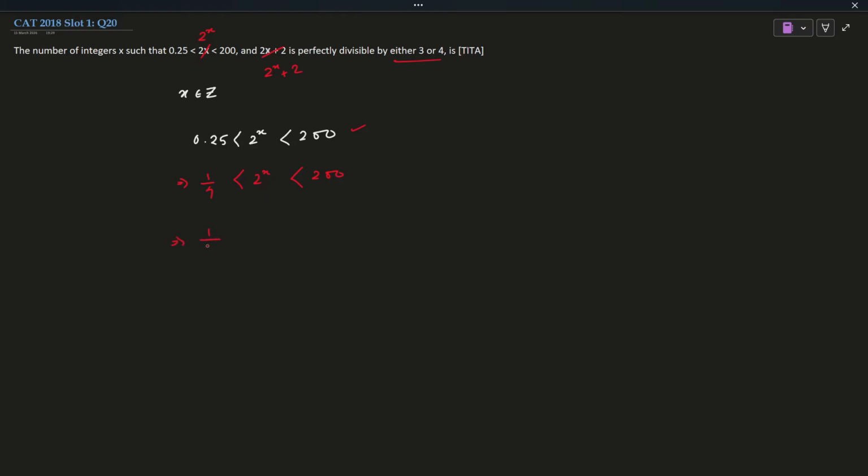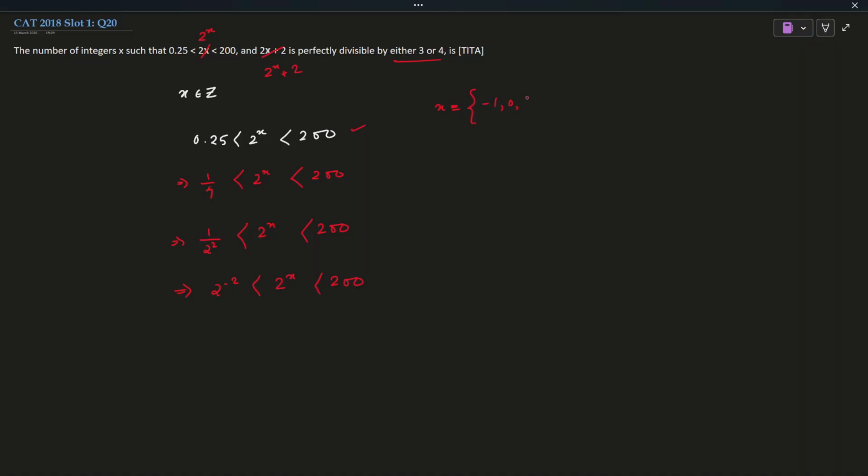What is 1 by 4? 4 is 2 square basically. So from here, can I say 2 to the power of minus 2 is less than 2 to the power of x less than 200? So x can be minus 1 as well. What are the possible values of x?